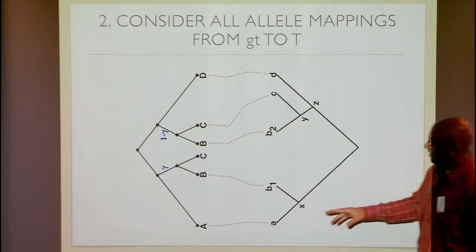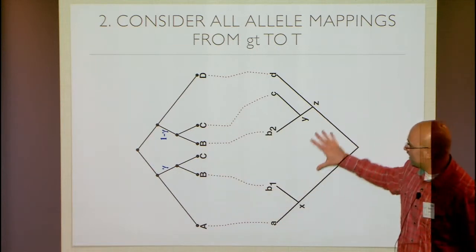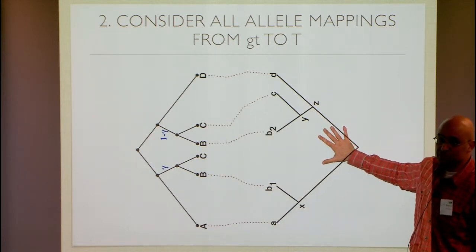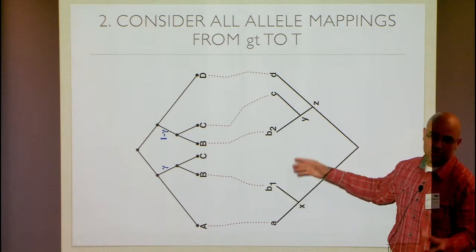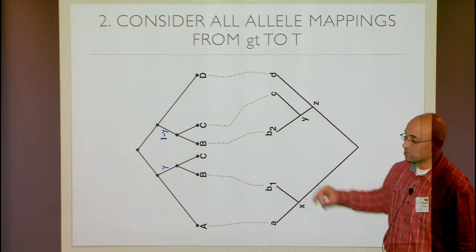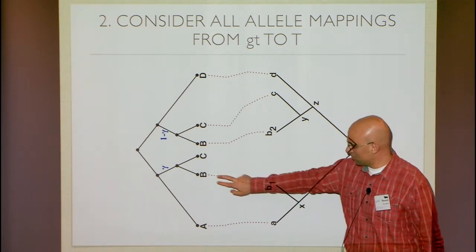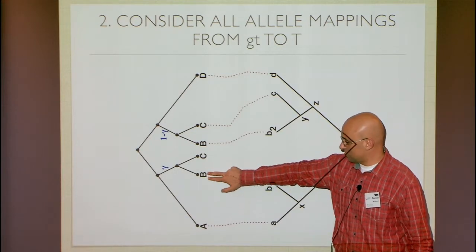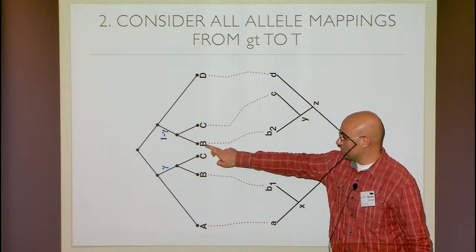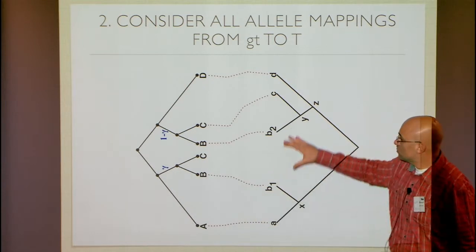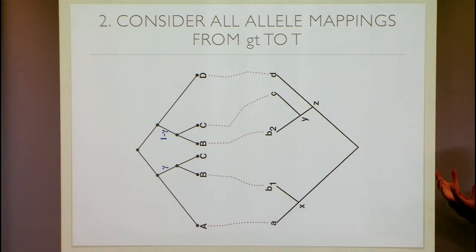When I have this multi-labeled tree description of the network and I have a gene tree here, if we look at the gene tree, for example, in this case, we sampled 2 alleles, B1 and B2. B1 and B2 could both be sampled from this, from here, or B1, B2, or B1, B2. Okay? So each allele mapping is supposed to capture one of these scenarios.